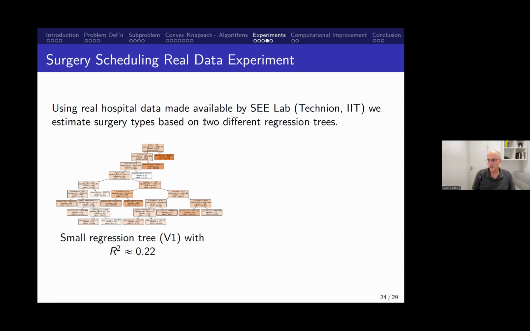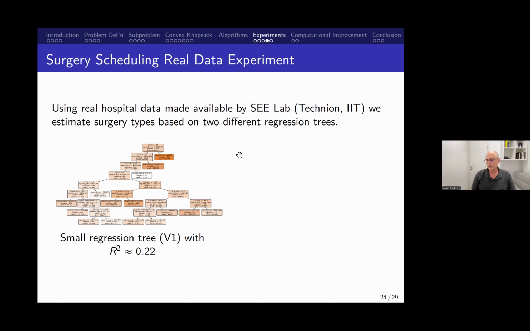So now I'm going to look at our case study before getting to the computational improvement that I promised. I'll quickly go through that. We applied this model to some real surgery data made available by the Service Engineering Lab in the Technion, and we estimate the surgery types not by some given medical categories; there's actually a data-driven component to this work.